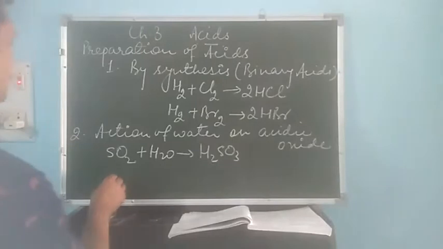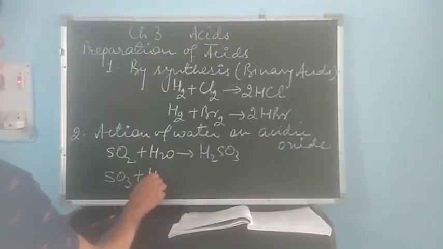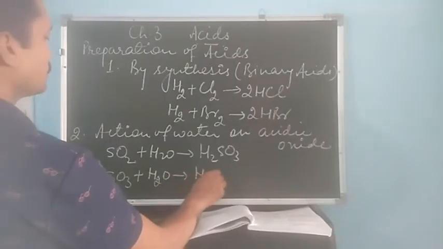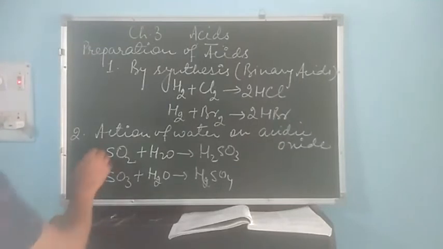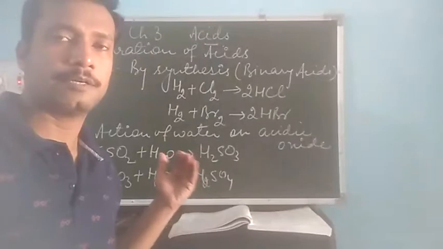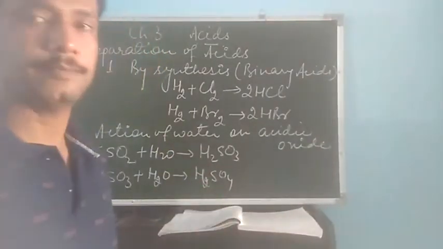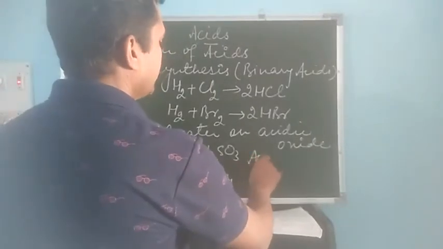Similarly, we can take SO3 plus H2O to give H2SO4. Now this acidic oxide which gives acid on addition of water to it is called acid anhydride.